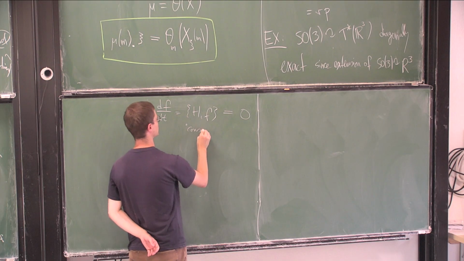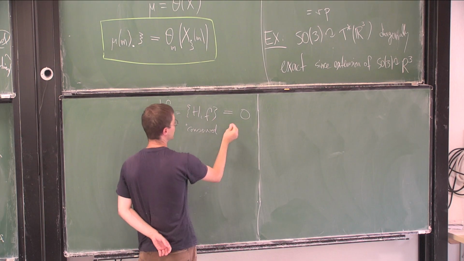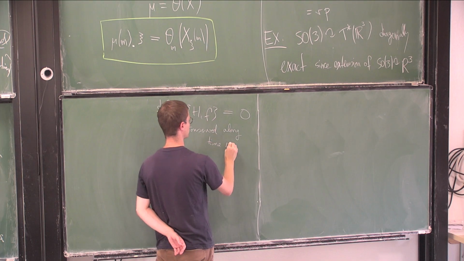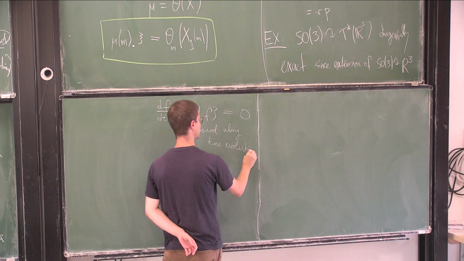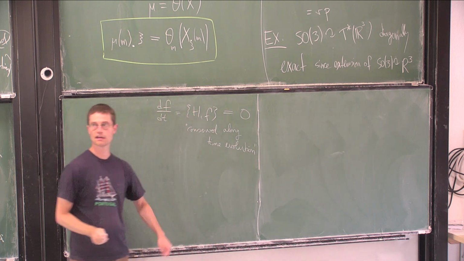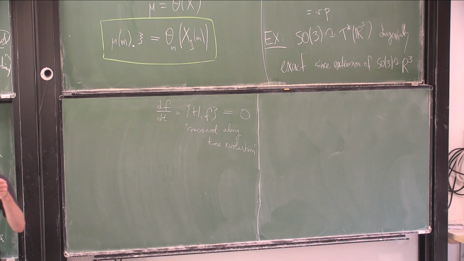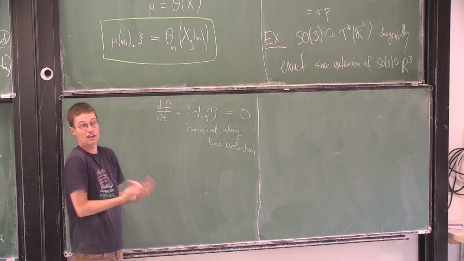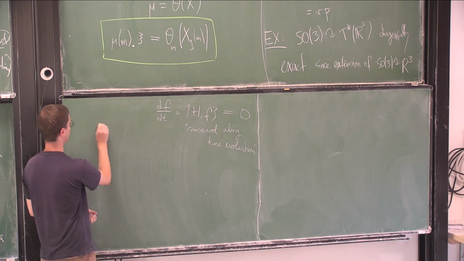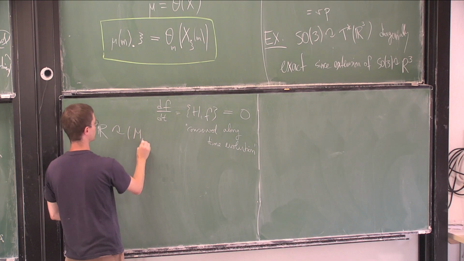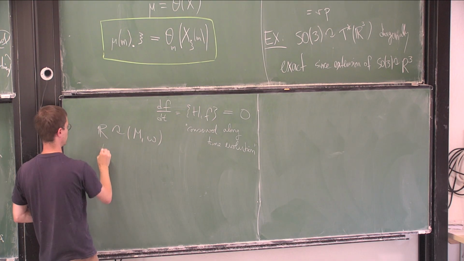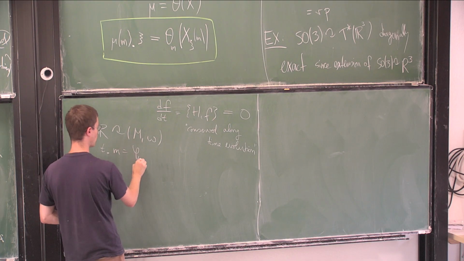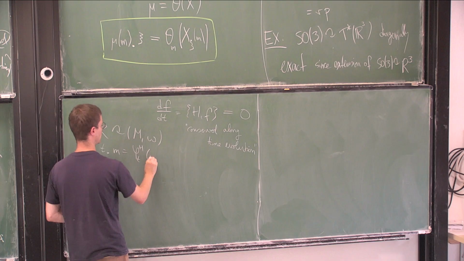Yes, this would be conserved quantities along a long time evolution. That's a good point. But here we have a conserved quantity along the orbits of the group. Whenever you have a Hamiltonian, you have actually an R action: R acting on M, where t·m is given by the flow of your Hamiltonian.